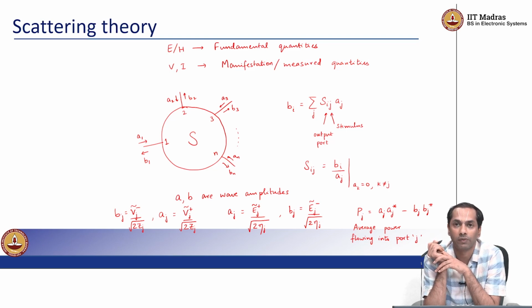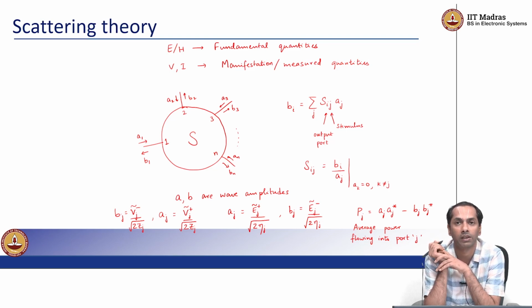Remember, this is slightly different. So Sij, which is the ratio of these wave amplitudes, is slightly different from the field reflection coefficients and field transmission coefficients. So let's keep that in mind. That's the reason to spend some time elaborating this theory. You may see there are parallels and that some scattering parameters may actually equal some of those field transmission and field reflection coefficients, but in general they are not the same.